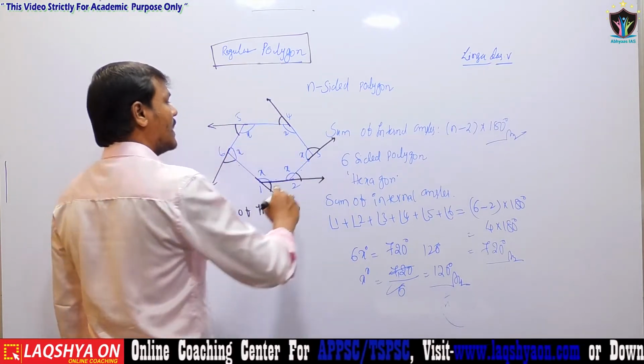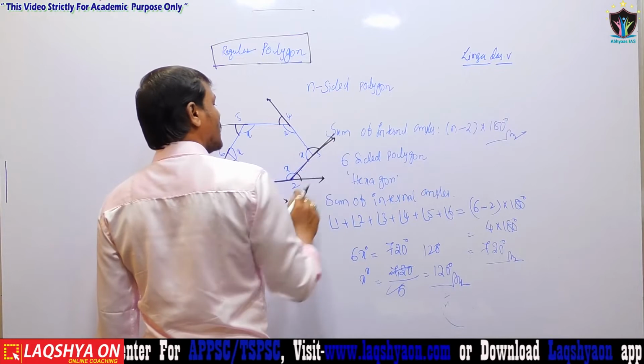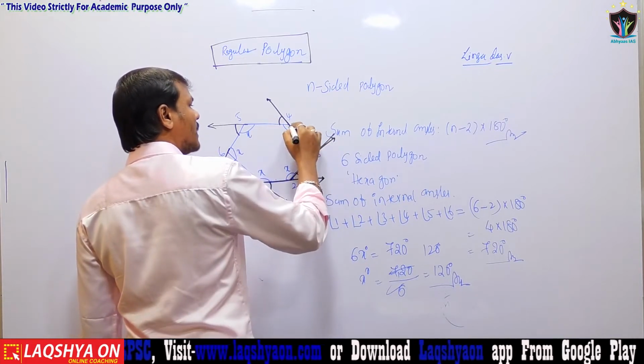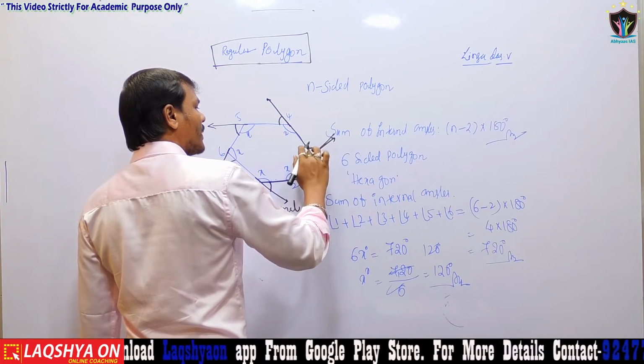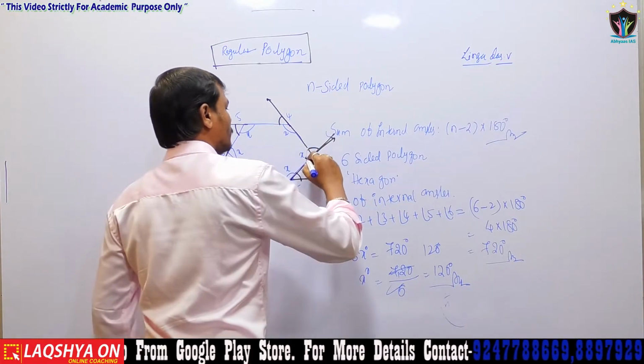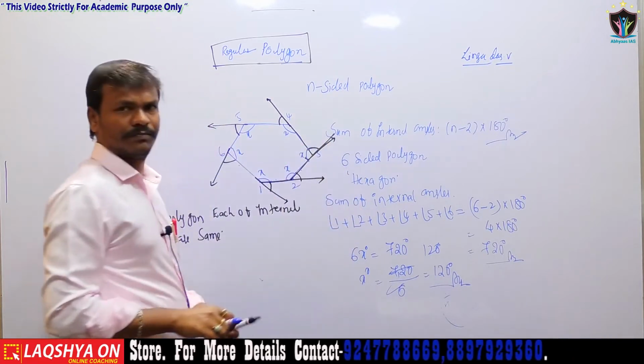When each of the sides is extended, an external angle is formed with the adjacent side. Is it clear?